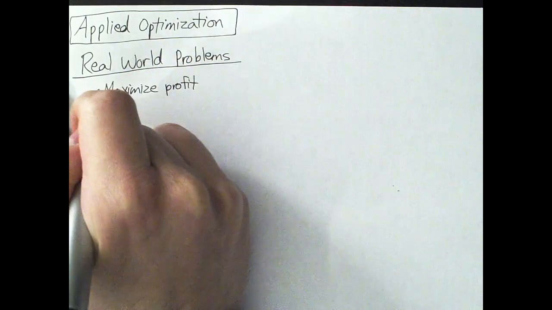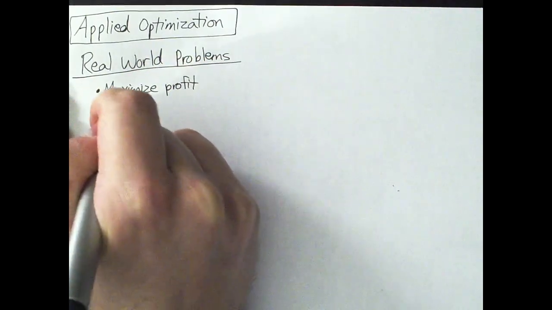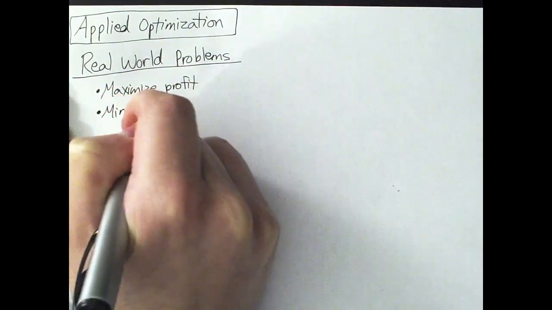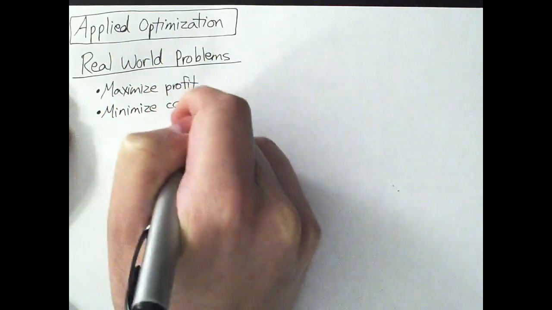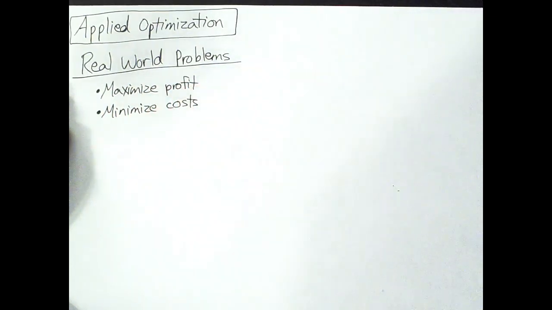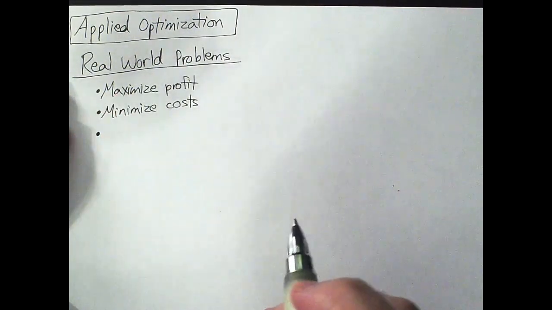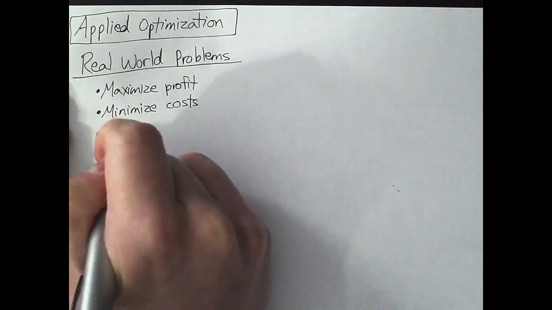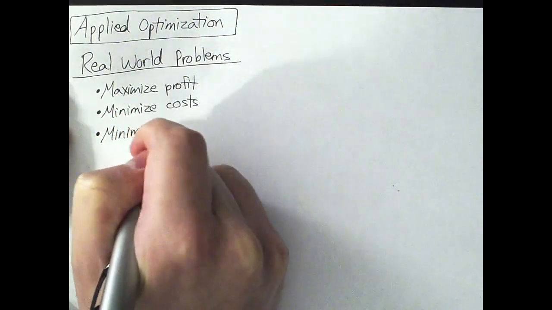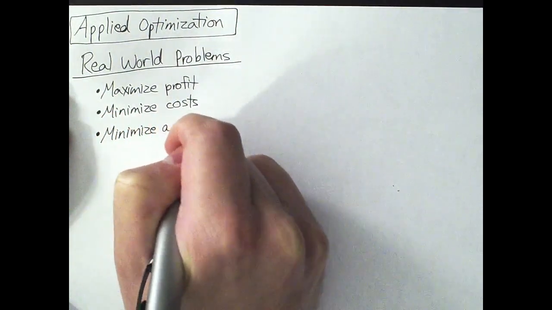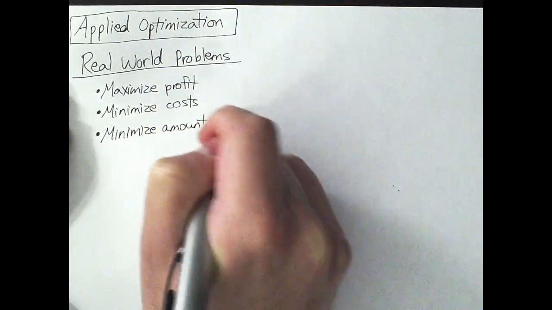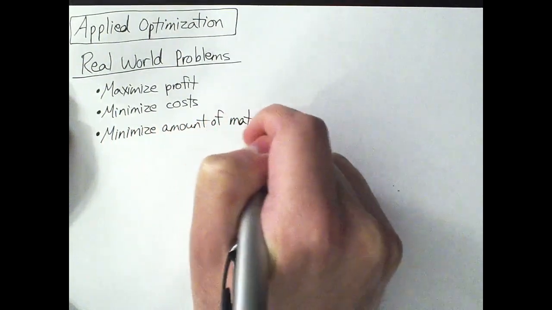Or maybe you have a small business and you want to minimize your costs. Cost of doing business, cost of manufacturing something. Actually, on that note, suppose you're manufacturing something and you want to minimize the amount of material used.